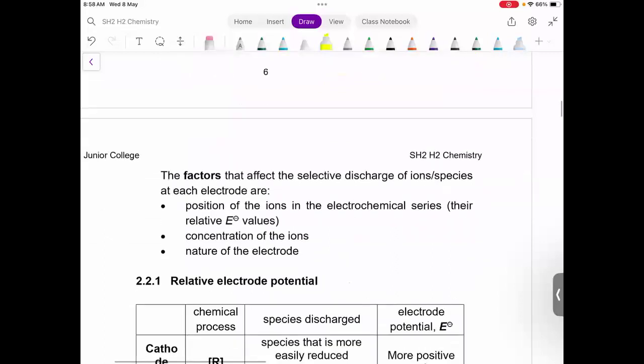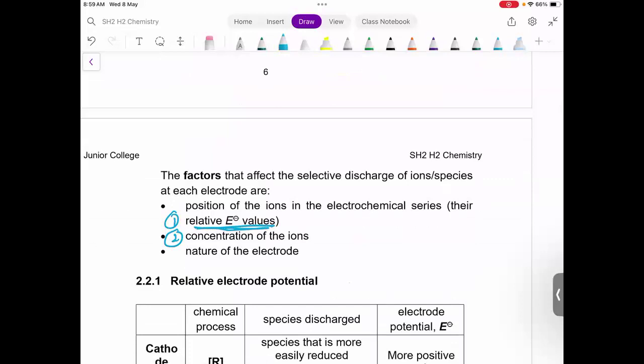All right, the consideration that we need to go through is the relative E0 values. Okay, that's number 1. Number 2, concentration, because the concentration of the ions can affect the POE. When the POE is affected, it can affect your E0 values.